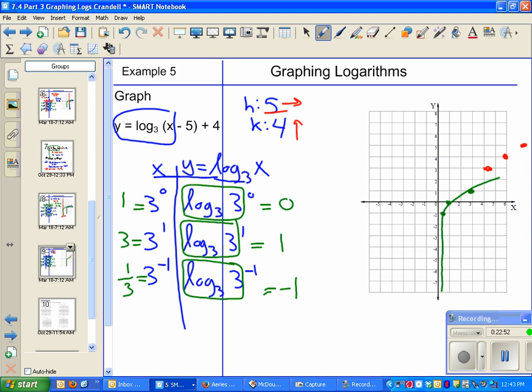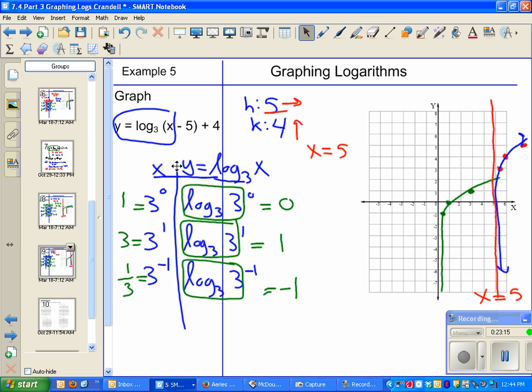All right, and then my asymptote is going to be at x equals 5. All right, so here's my new asymptote right here at x equals 5. And then I'm going to draw the graph really, really close to that. And that is my new graph.